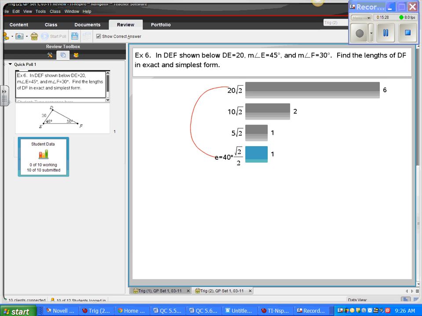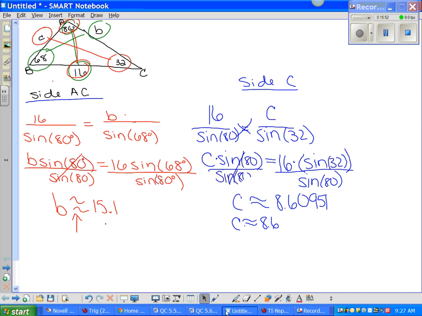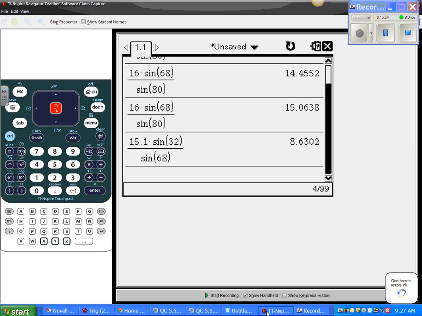Why? Yeah, 40 times radical 2 over 2 is 40 radical 2 over 2, right? What's 40 divided by 2? 20 radical 2. So they're equivalent, right? It's not in simplest form, which is going to be your issue. So you'll lose a point for not having it in simplest form. But 20 radical 2 is correct. So let's take a peek at how we do that.